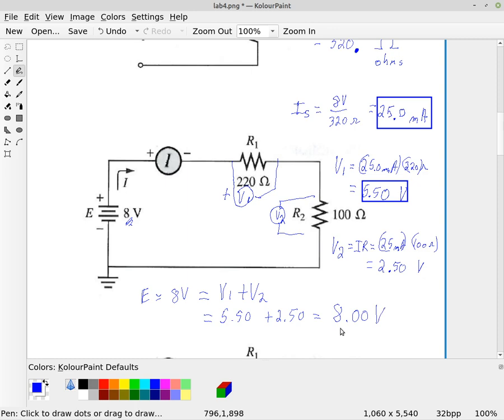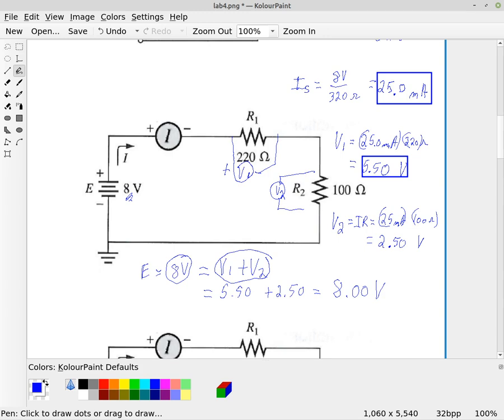So what we see here is the supply voltage is equal to the sum of the voltage drops within the series circuit. This is actually known as Kirchhoff's voltage law. We'll look at that a little bit later.